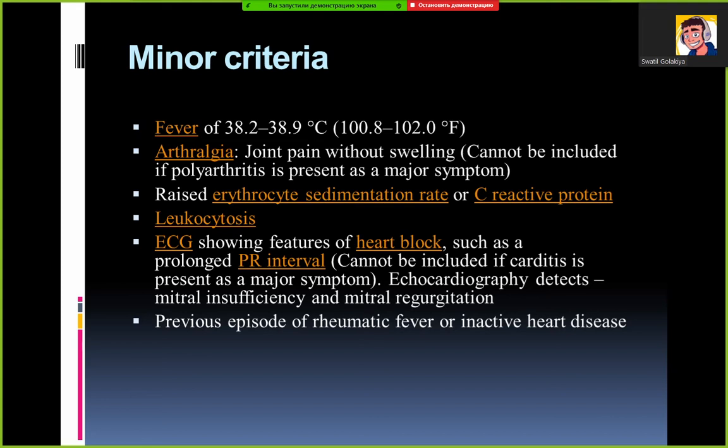ECG showing features of heart block, the first degree of AV block is detected by prolonged PR or PQ interval, or echocardiography, which may detect mitral valve insufficiency and mitral regurgitation. And the last minor criteria, previous episode of rheumatic fever or inactive heart disease.